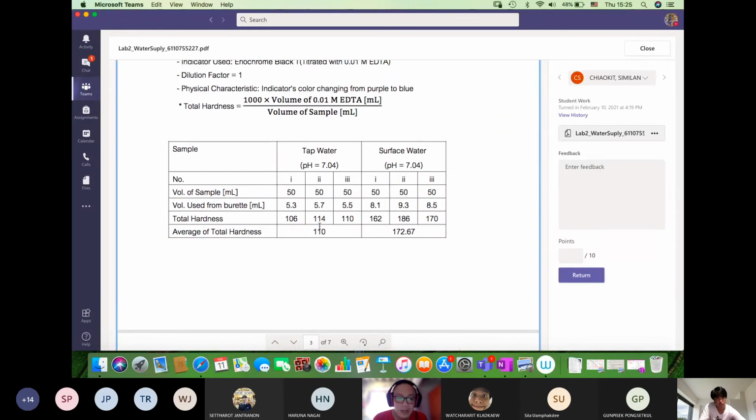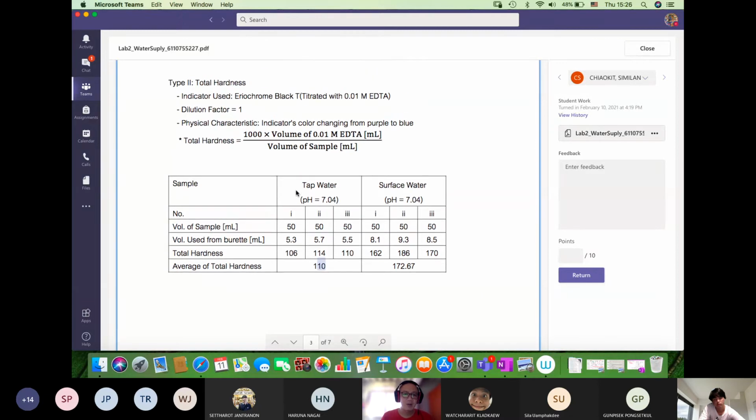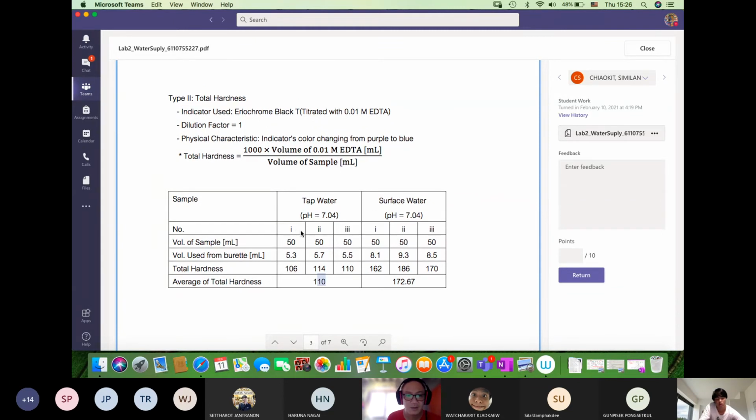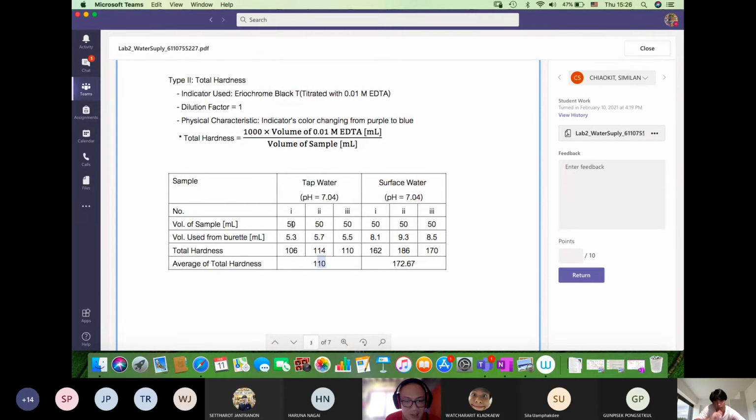And one more thing, we don't do it this way, even though we finally get the same amount. Talking about the total hardness, the others are the same, but just about the hardness, like the first trial: volume of the sample 50 ml, volume of the EDTA read from the burette.